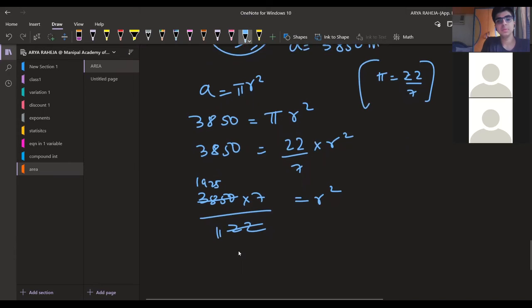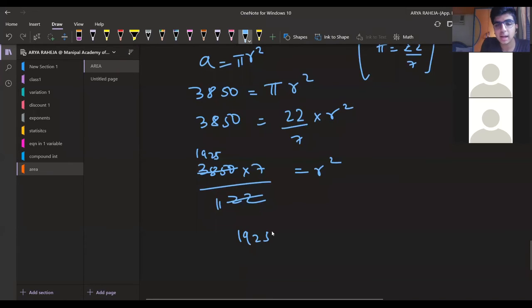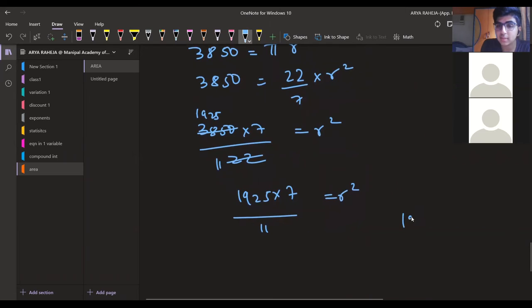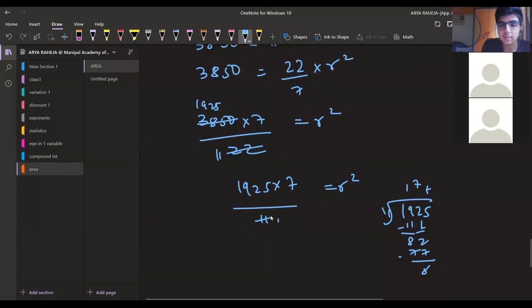Now this becomes 1925 into 7 upon 11 is equal to r square. Right? So now do 1925 divided by 11. Jaldi, it has to go in 11 table. So 11 ones are 11, and 11 sevens are 77, 5, 5. So 11 ones are 11, 175s are.